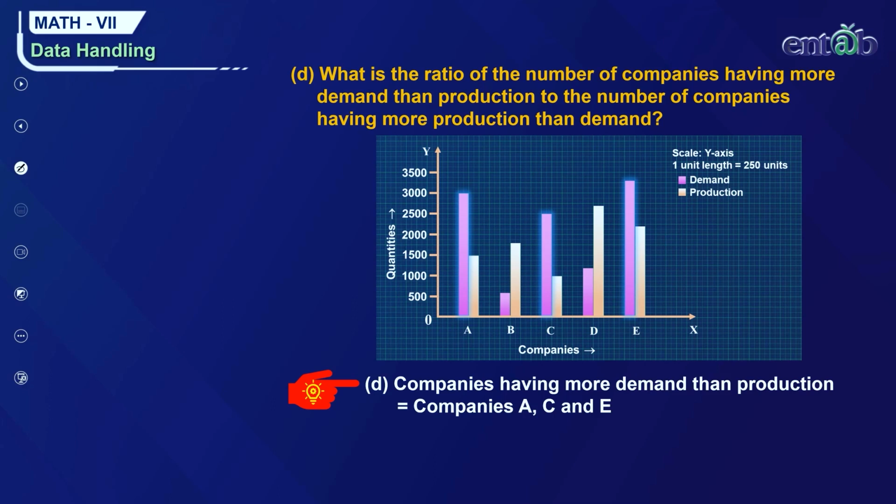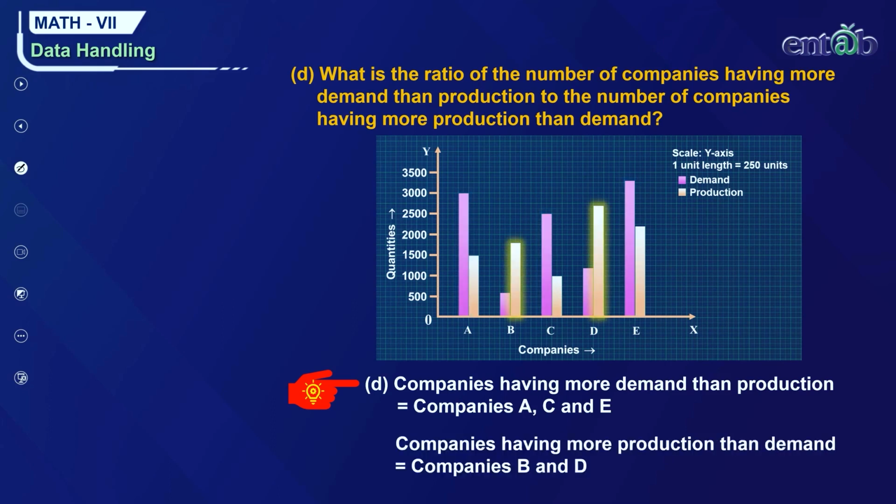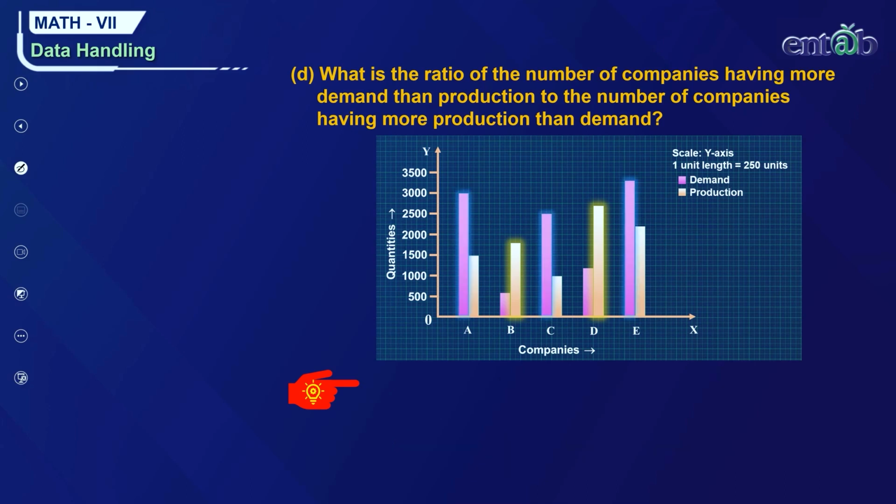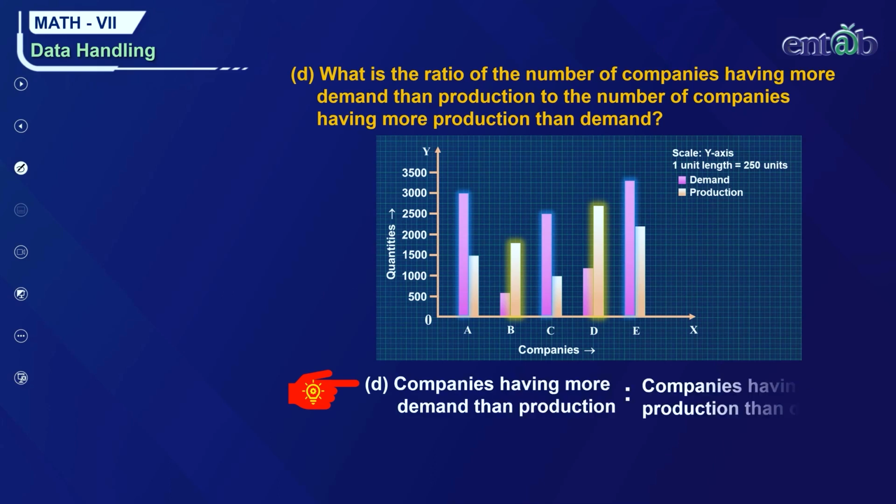So 3 companies have more demand as compared to the production, and companies B and D are the companies which have more production than demand. We have to set up a ratio. So the ratio of companies having more demand than production to companies having more production than demand is 3:2, right? Let's look at the next question.